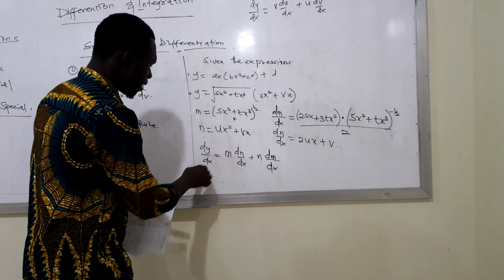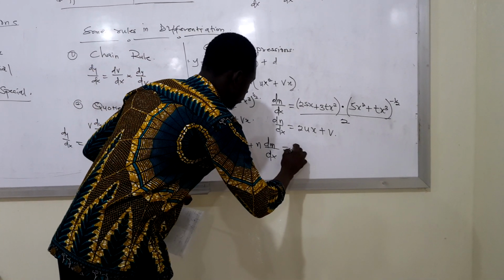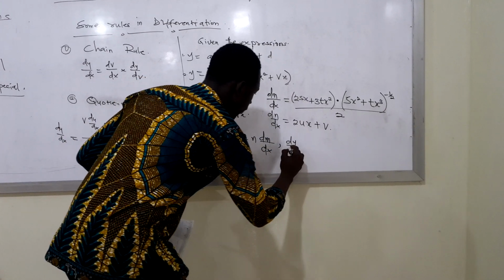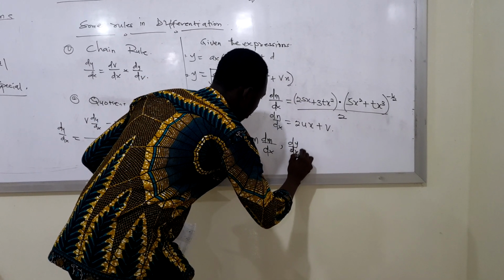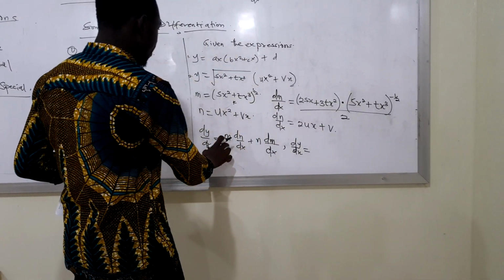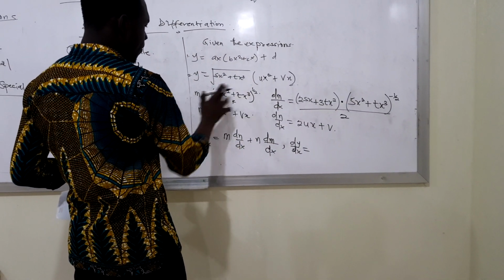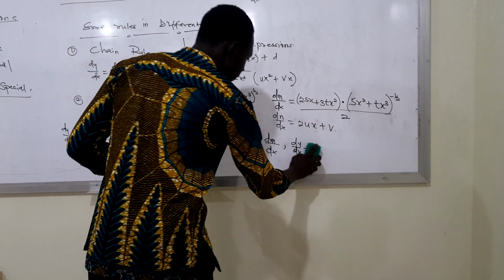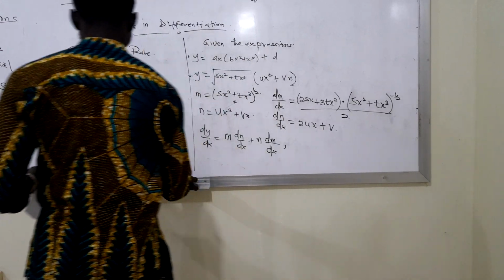Now we are going to find our dy dx. Our dy dx is simply this one multiplied by m, and this is our m. So I just want to have a nice piece for it.